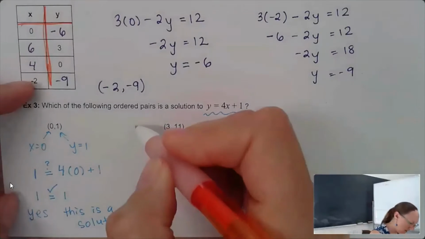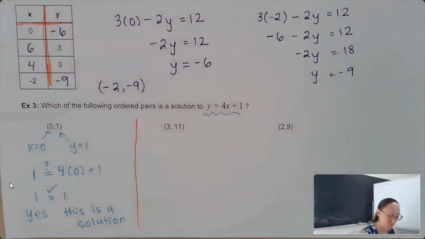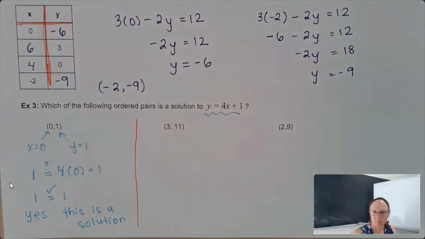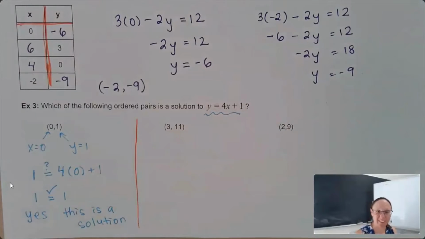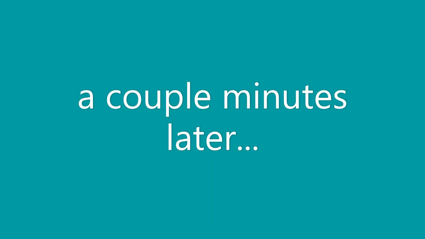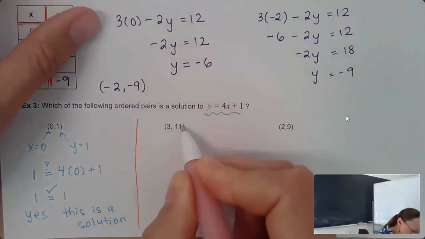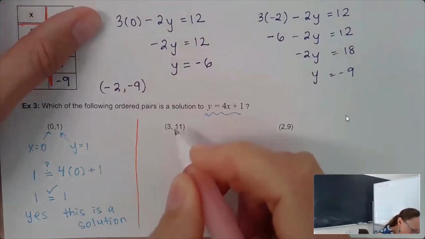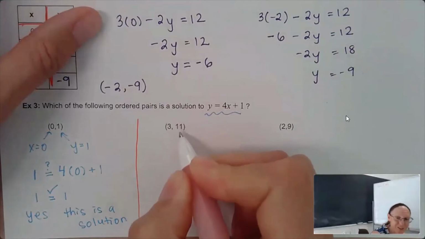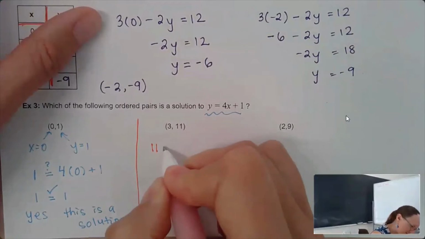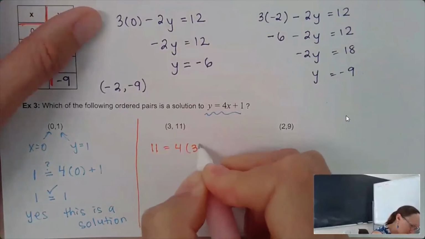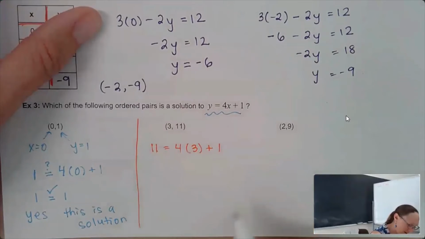And I will give you a couple minutes to check these other pairs to see if you think that they are solutions or not. If I plug these in, 11 is going in for the y. So I'm going to have 11 is equal to 4 times 3 plus 1.